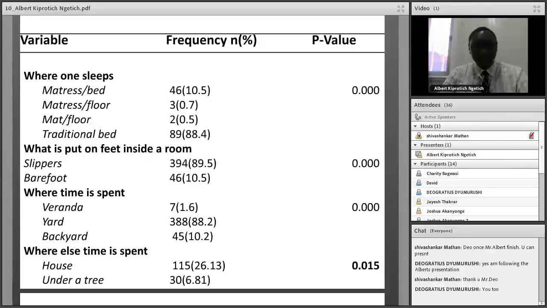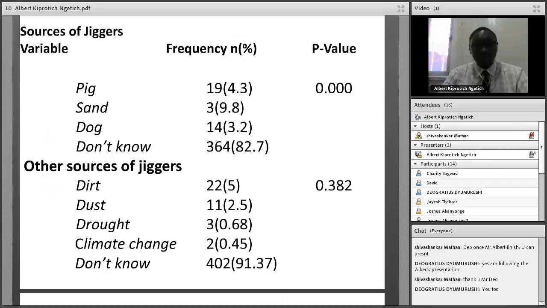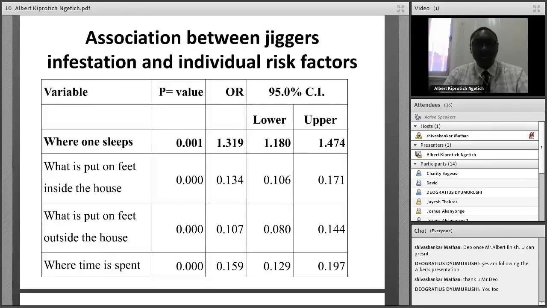Under domesticated animals, you'll find that most of the people did not know what was really the source of the jiggers. However, pigs were greatly associated with this. And you can see from the previous individual risk factors that where one sleeps was greatly associated with the presence of jiggers.